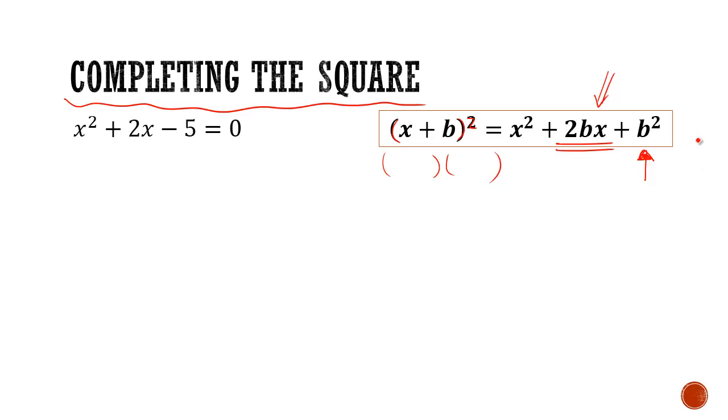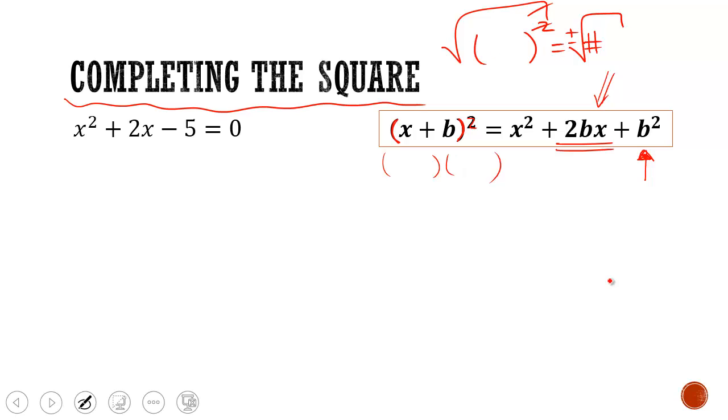So it'd be nice if we could get an equation squared equal to some number, because then we could just square root both sides and we'd have our square gone. And we'd potentially be able to solve for x. So that's the whole idea, is we want to force this equation to be this formula.